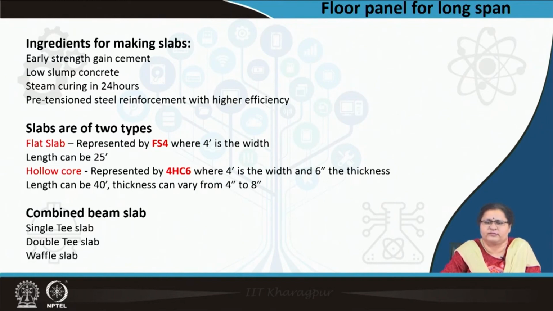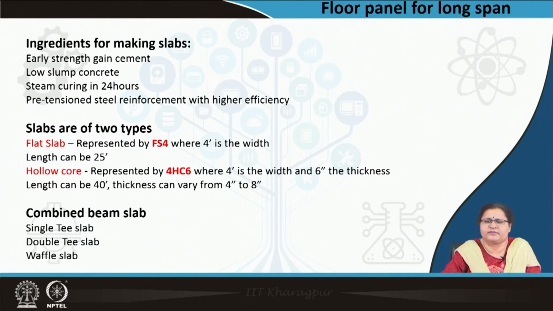As I had told you in my introductory lecture, most of these units are made of concrete with reinforcement. As they are taking tension, there should be reinforcement inside to take the tensile load. So they are again made of early strength gain cement, that is quick setting cement, and low slump concrete. These terms you know.